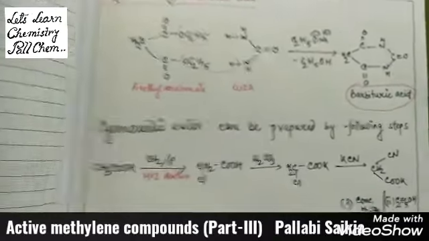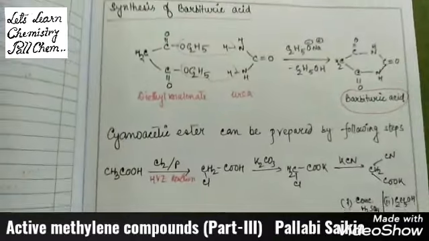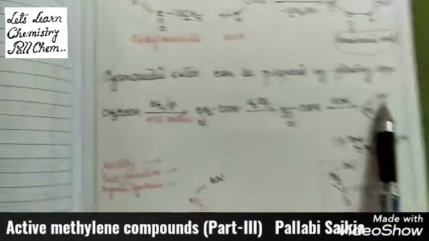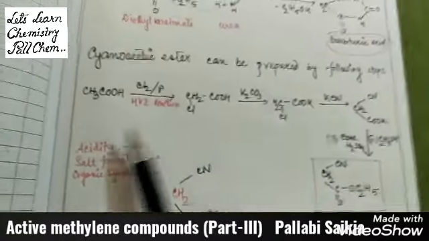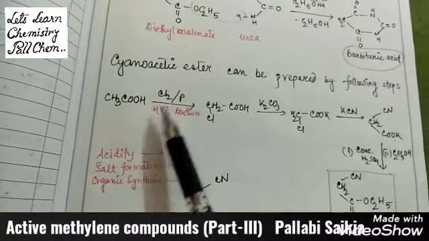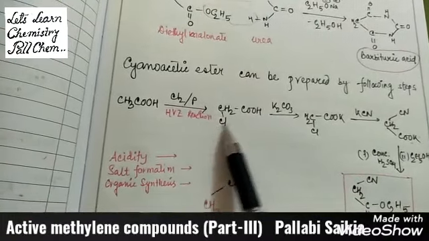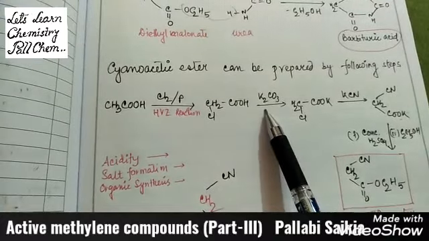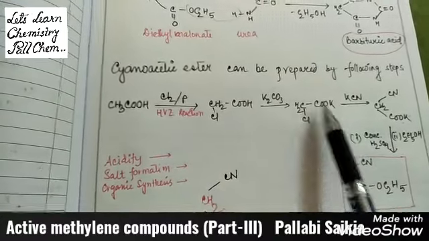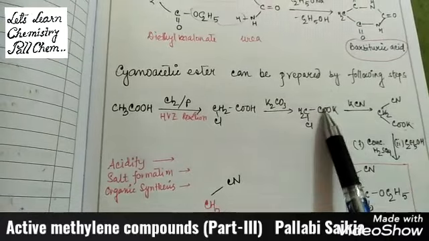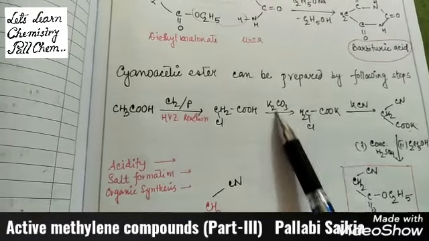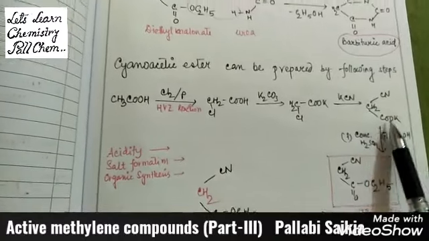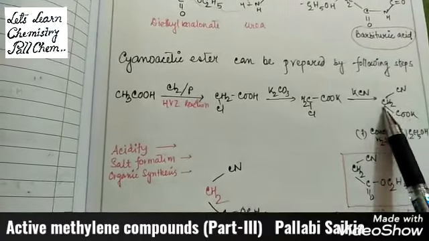Similarly, we can form cyanoacetic ester. Cyanoacetic ester can be formed by a similar route as from acetic acid: HVZ reaction to give chloroacetic acid, then treating this chloroacetic acid with potassium carbonate to form the potassium salt of chloroacetic acid. Then treating this salt with potassium cyanide forms the potassium salt of cyanoacetic acid.